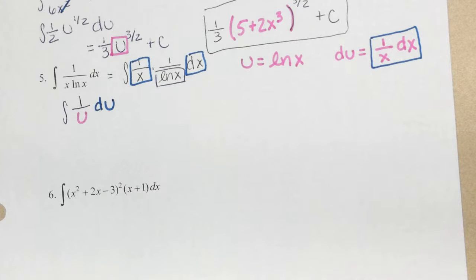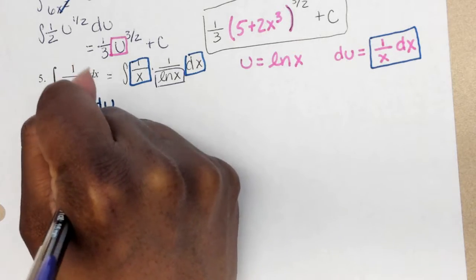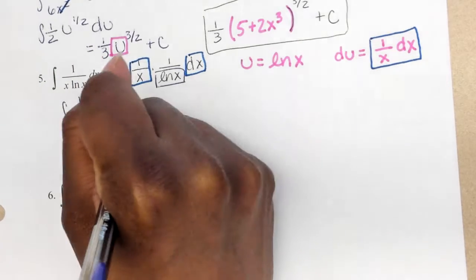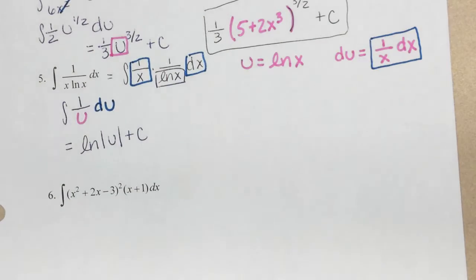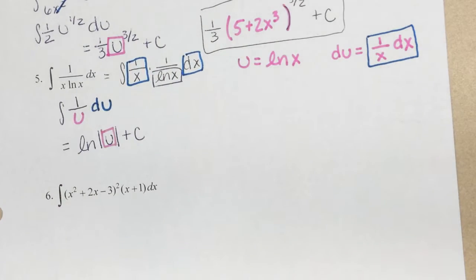So now when I integrate, I'll have the integral of 1 over u du is ln absolute value of u plus c. And now my last step is to substitute back in my u.